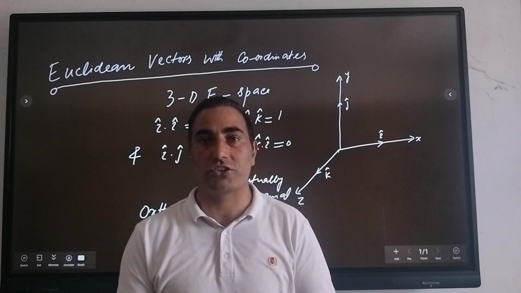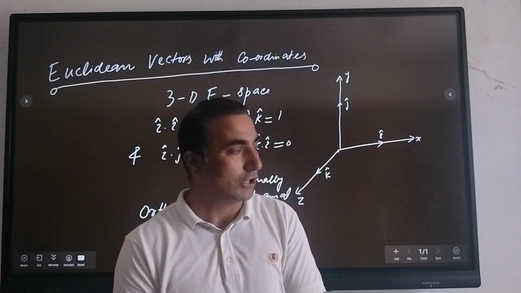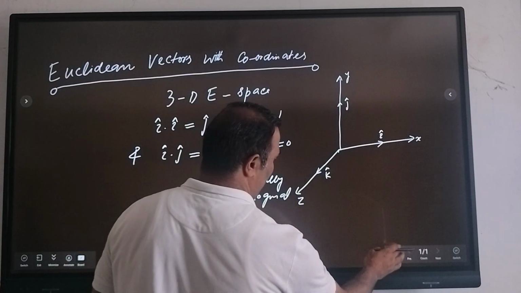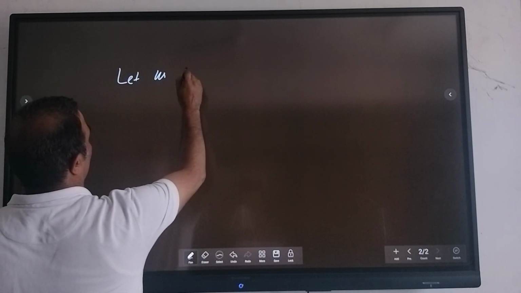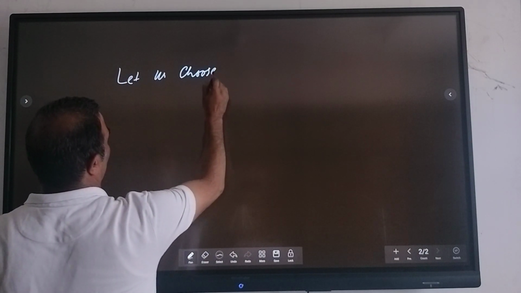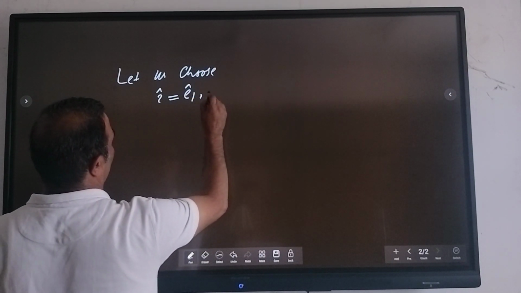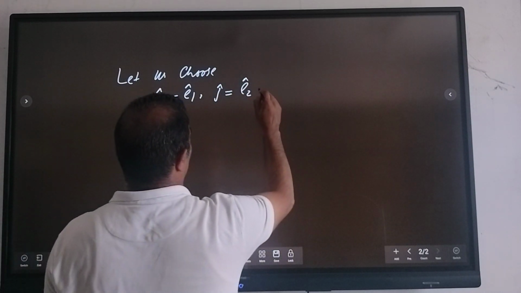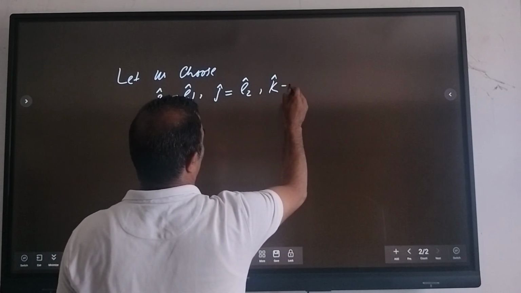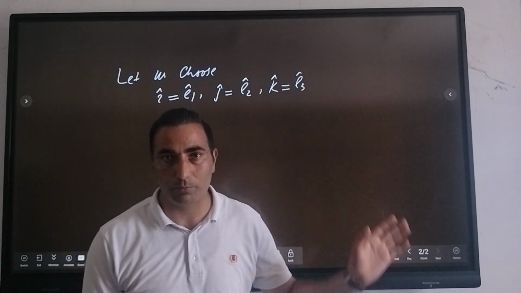So let us now change the notation, because I need to generalize my equation. I need to generalize it so I can write it for any vector. So I will suppose here that our, let us choose now, okay, these are again unit vectors.